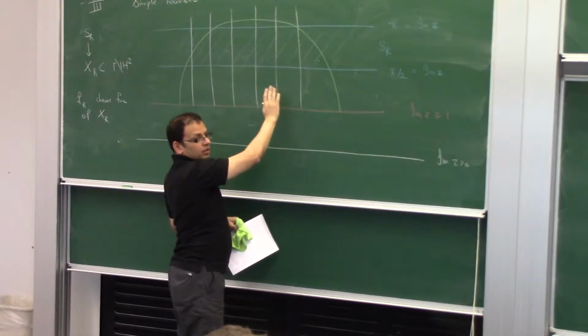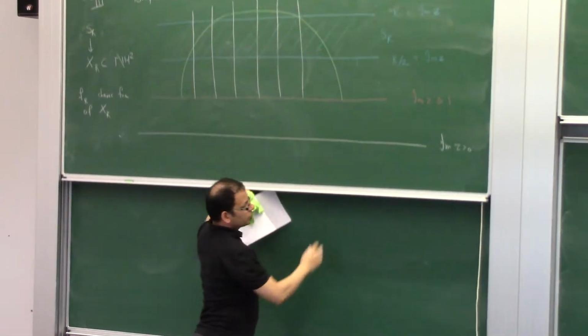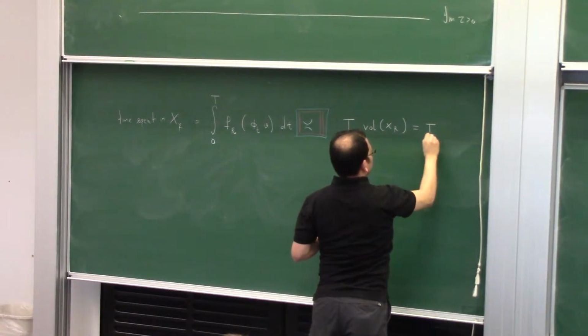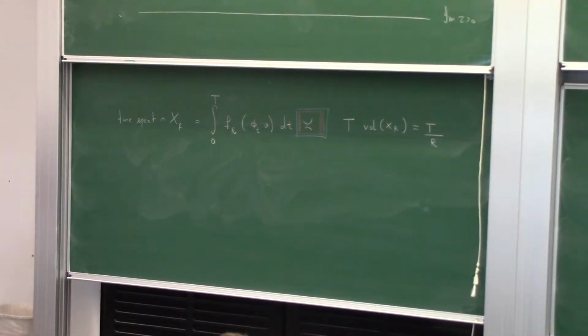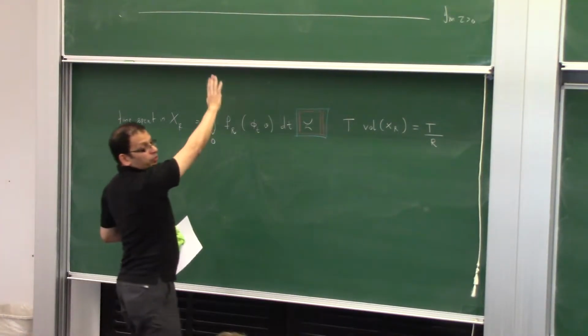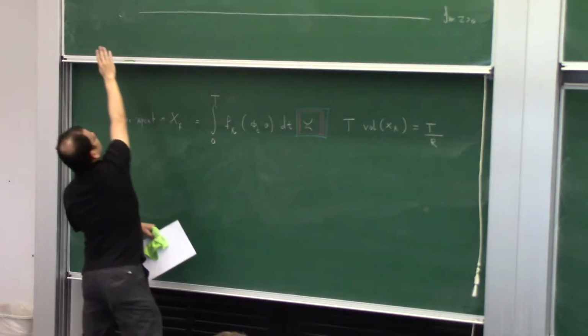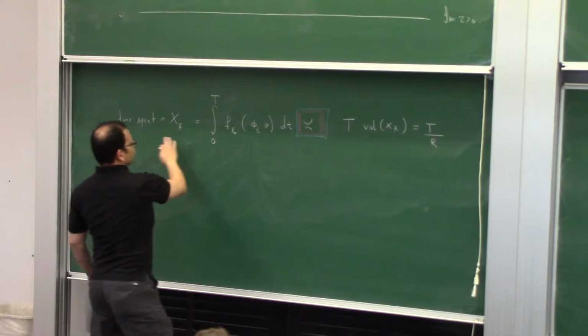So we integrate this over a patch of the fundamental domain, and we can find its volume. This is about 1 over r. Okay? That's the volume of the blue region inside my portion. So that's the time spent in XR.